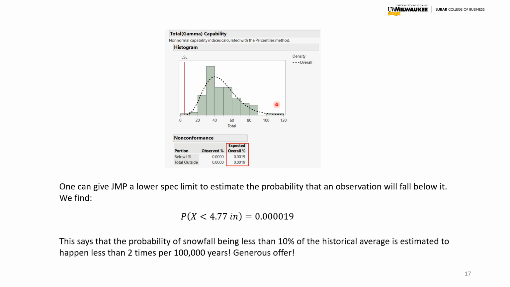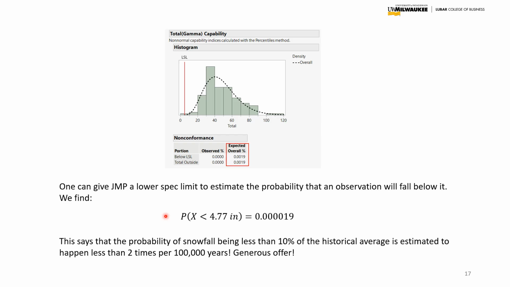From the gamma fit, we find that the expected percentage to the left of 4.77 is 0.0019. This number is in percentage terms, so to convert it to probability, we move over the decimal place by 2 places to get the following estimated probability.